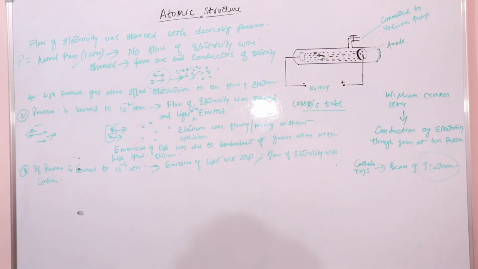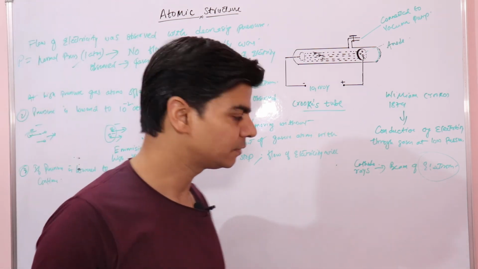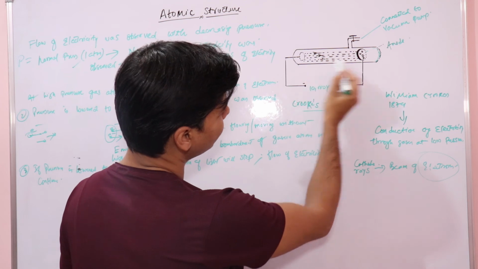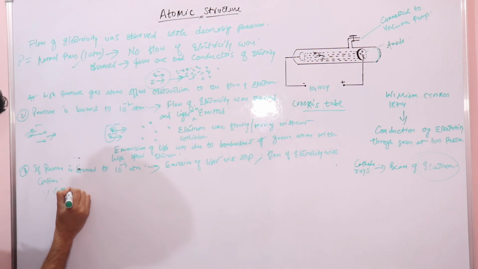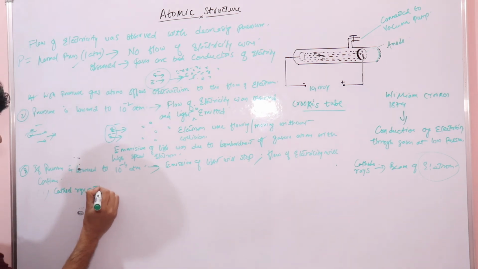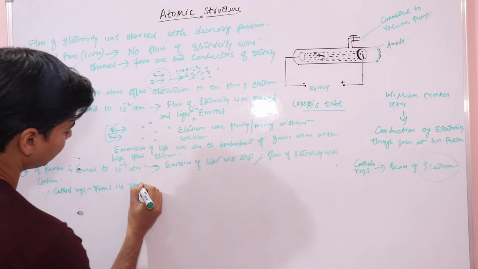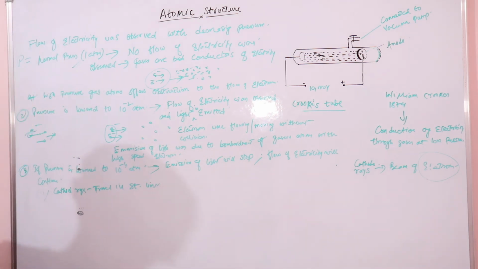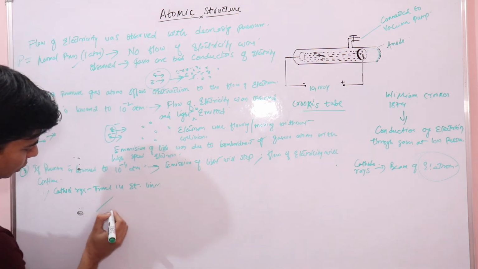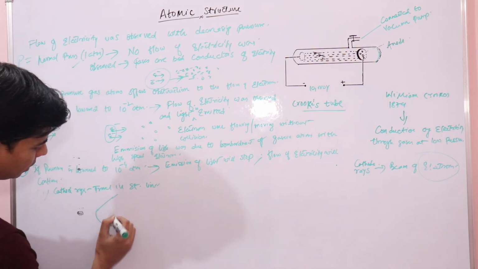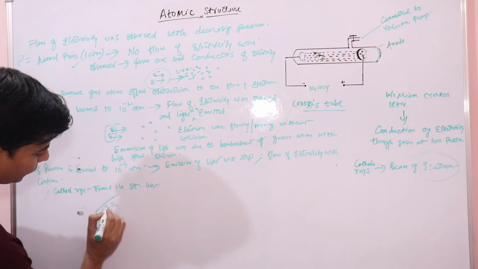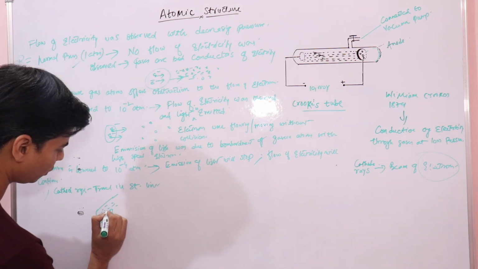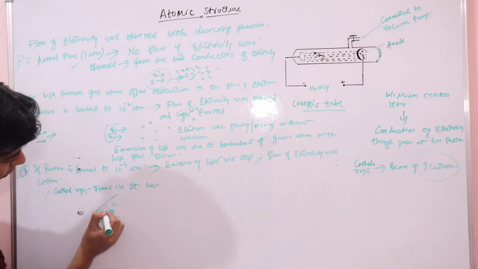Now there are some properties of the cathode rays. First, these cathode rays travel in a straight line. How do we prove that they travel in a straight line? Suppose you take this kind of tube, and you have these cathode rays moving, and suppose you place some kind of object in their path.